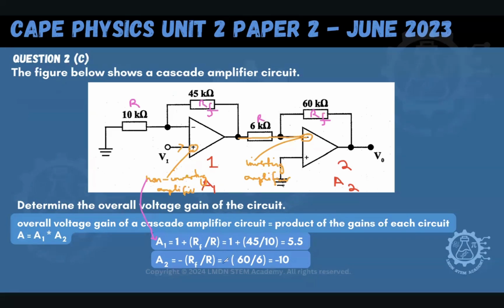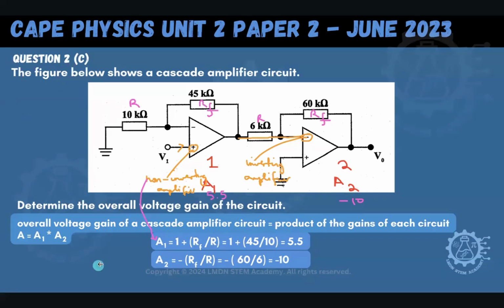So minus 60 over 6 becomes minus 10. So I just found my A1 and my A2: A1 turned out to be 5.5 and A2 turned out to be minus 10. All I have to do now is multiply them and I have the overall voltage gain.